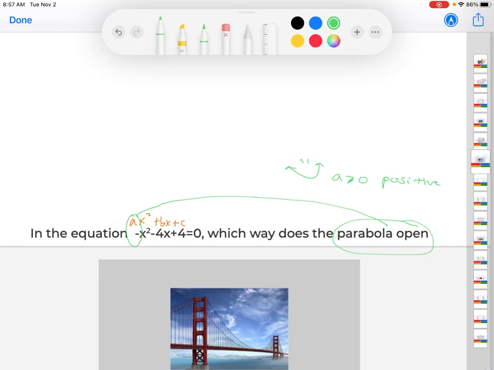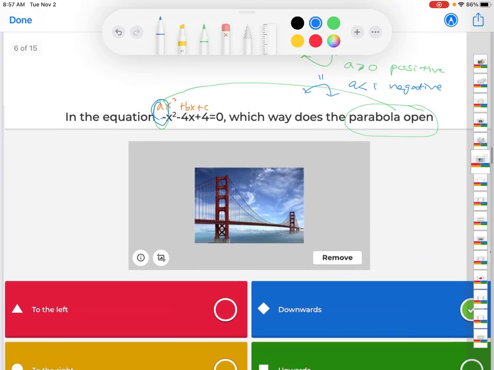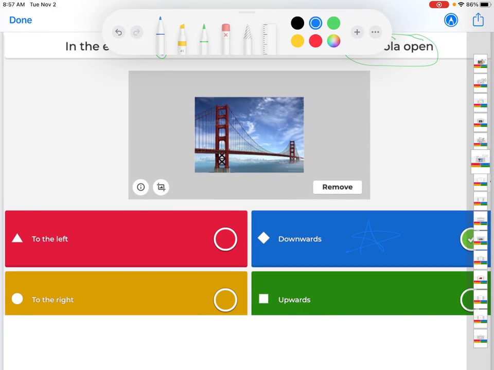It opens up. But if it is less than 0, or we call those negative numbers, what do negative people do? They frown. So this one is negative, therefore it's going to open downwards, which is the blue one.